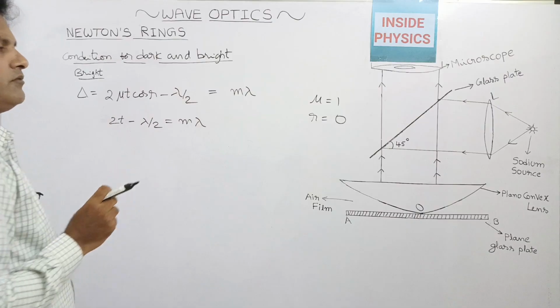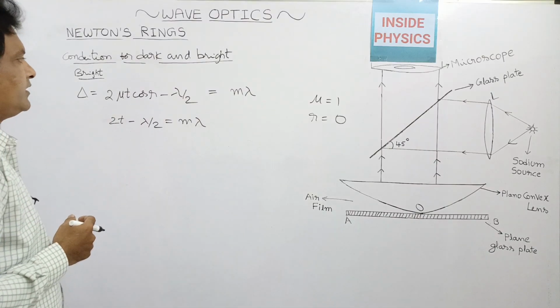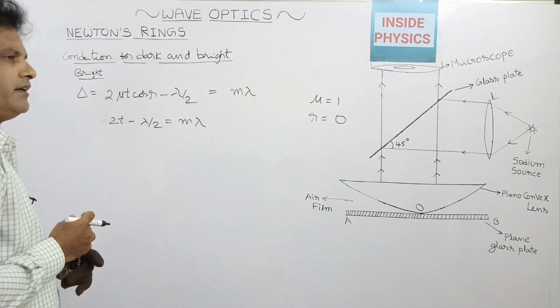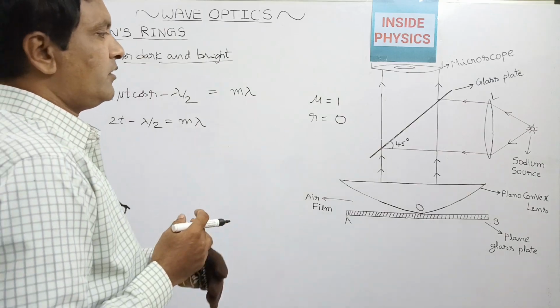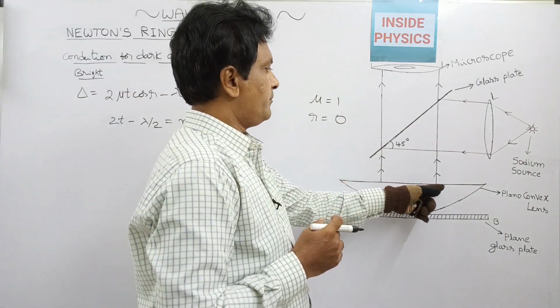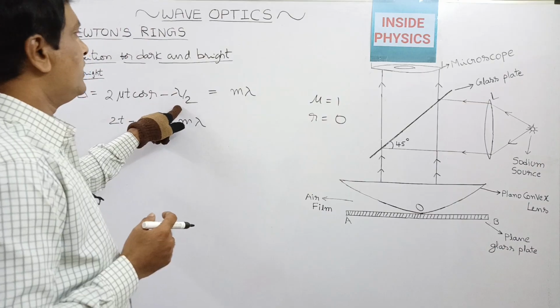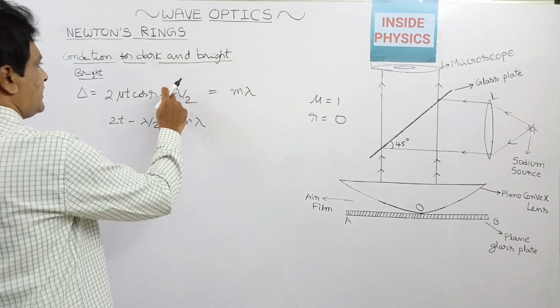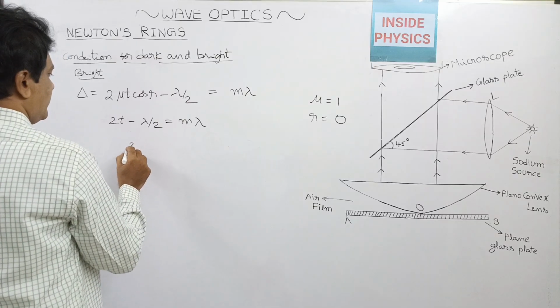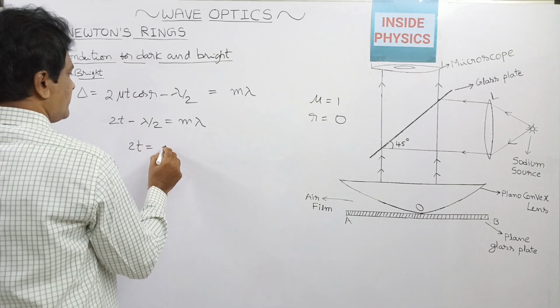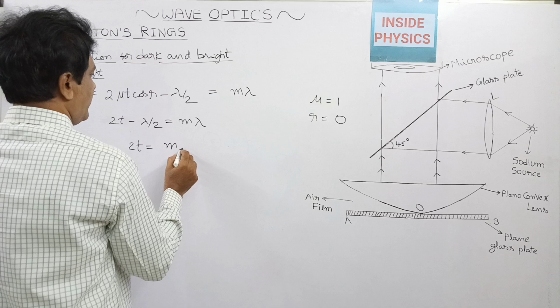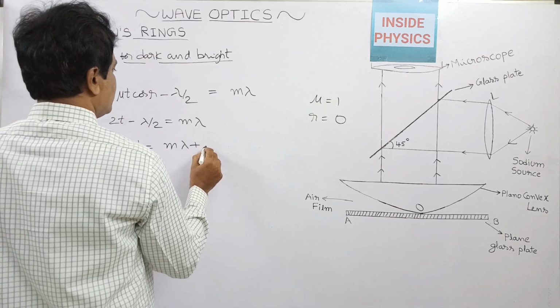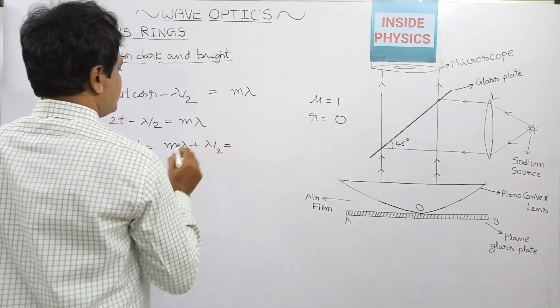This is the correction we have done in our previous class. A correction is made for a reflected wave. When it is reflecting from a medium, it will undergo a path difference of lambda by 2. So we have a correction like lambda by 2 here. So 2t will become m lambda plus lambda by 2.